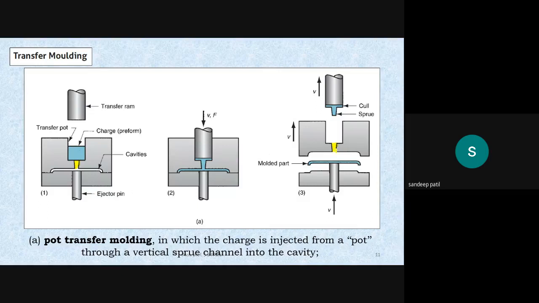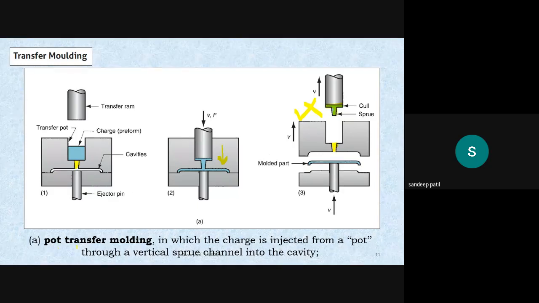When the charge is injected, it is getting cooled here also. So you can get such shapes, that is cull and sprue, at the bottom of the transfer ram, and this can be trimmed out later.